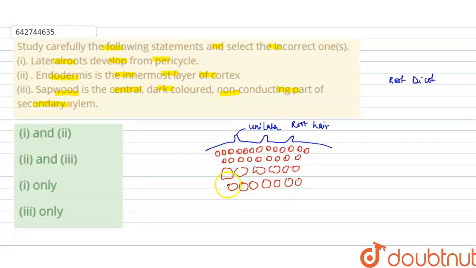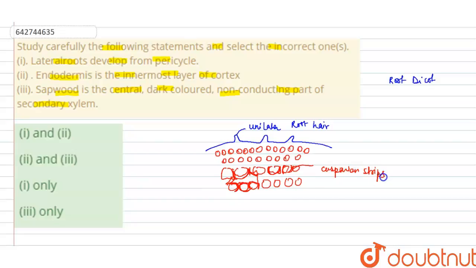There is deposition of suberin material between the cells of the endodermis, like this. Even the tangential cells or the lateral cells, anywhere there is a deposition of this suberin material in the endodermis, and this is known as the Casparian strips.